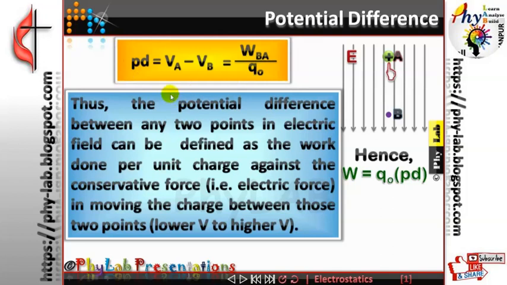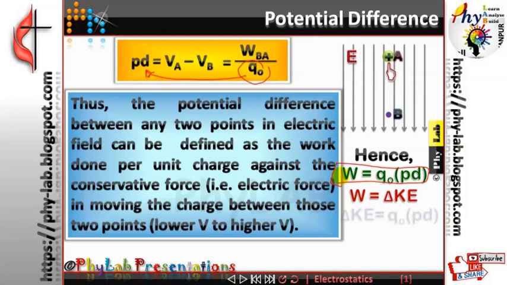So work done will be equal to Q naught times potential difference, and that's the relation you have got. Work done will always be equal to Q naught times the potential difference between those 2 points, friends.